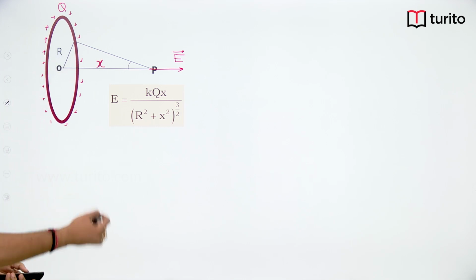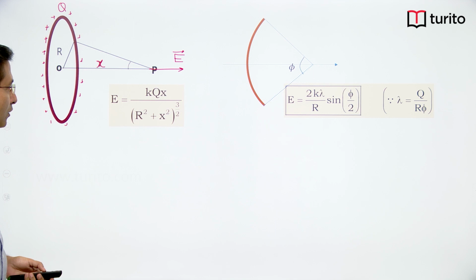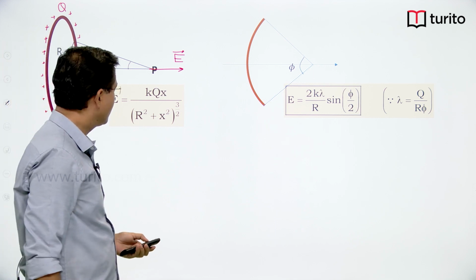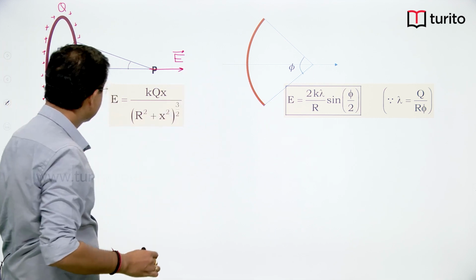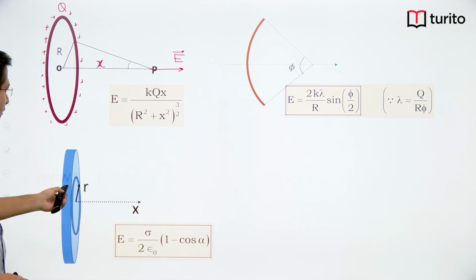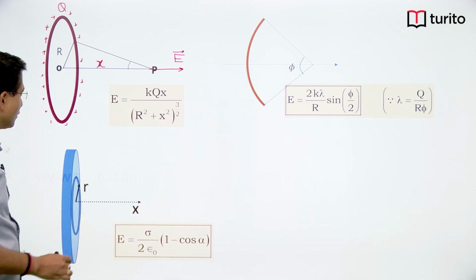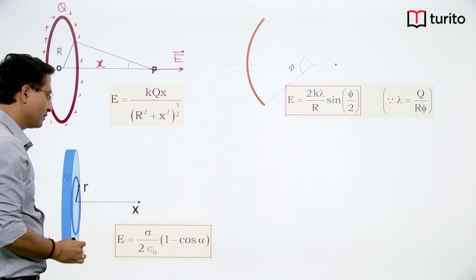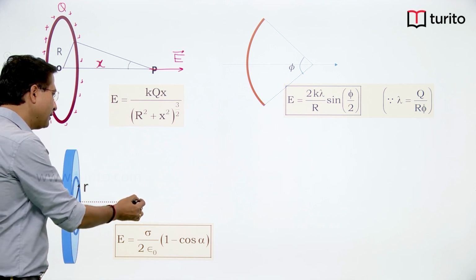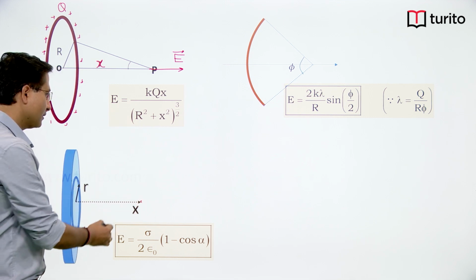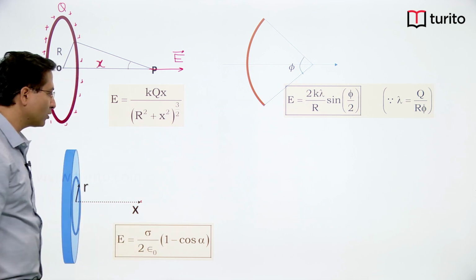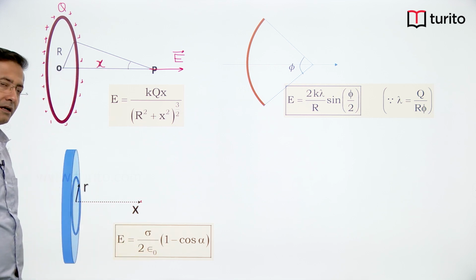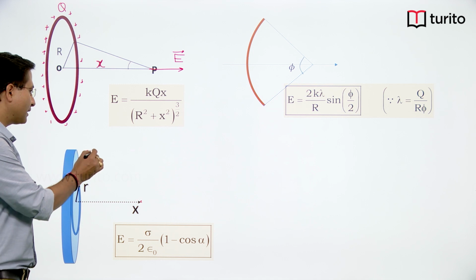Then, using this result, we derived the result for the disk. Integrating this expression for any point on the axis, we got sigma upon 2 epsilon naught times (1 minus cos alpha), where sigma was the surface charge density.